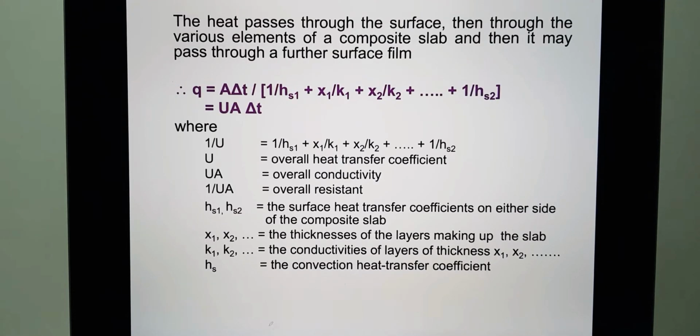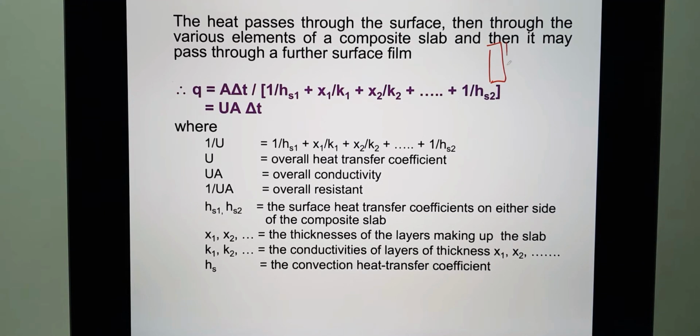Okay, the heat will pass through the surface, then pass through the various elements of the composite slab, and then it may pass through a further surface film. So in order for you to calculate for several materials, here we have, for example, a slab.